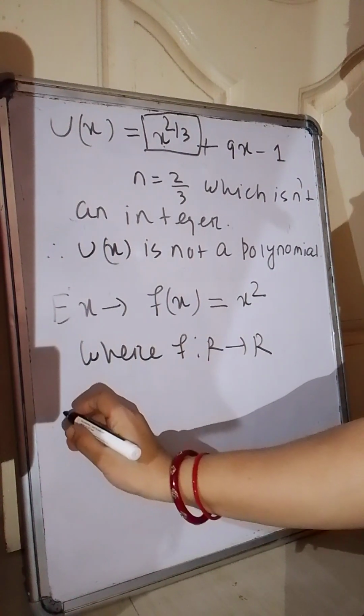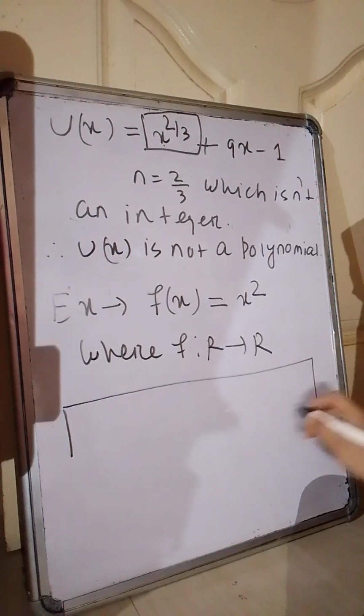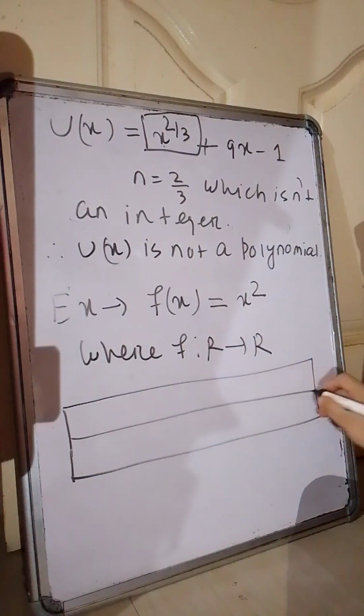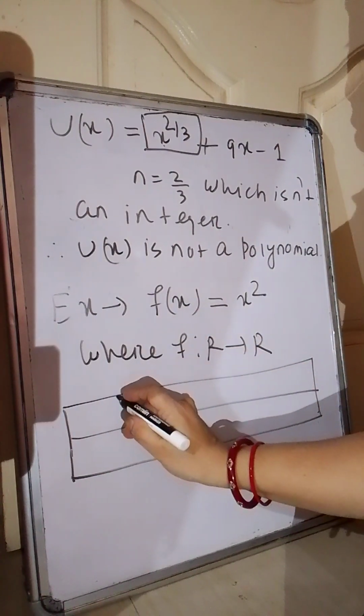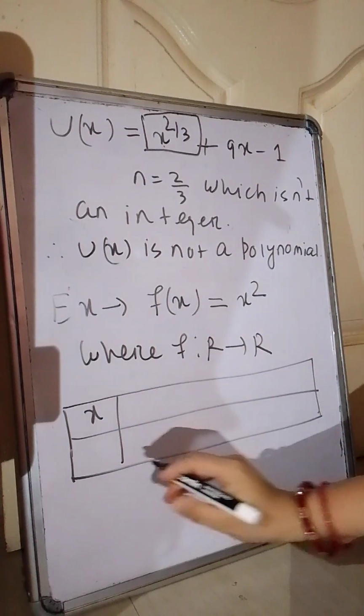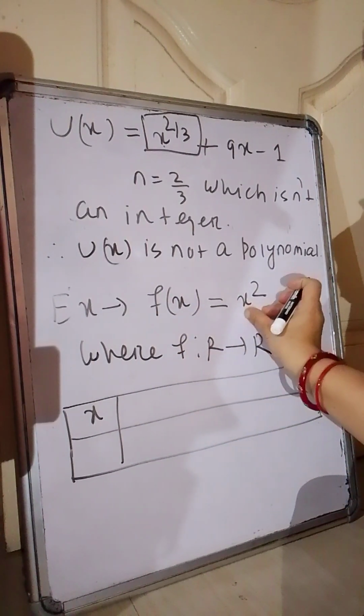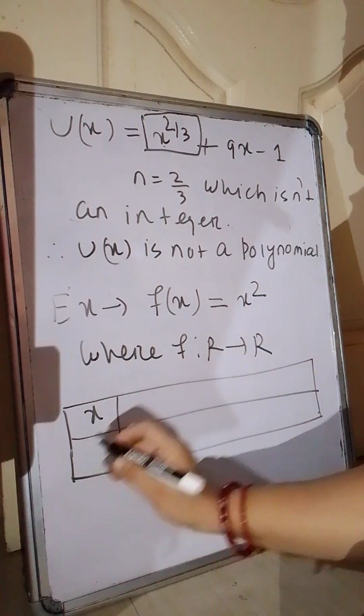If you want to draw the graph for this, as before we discussed, first you have to take some values of x, then accordingly you find the value of f of x by this rule, by this formula, by this function.